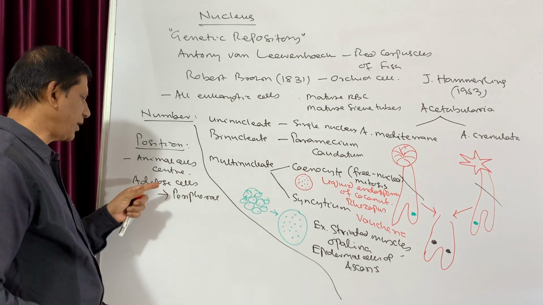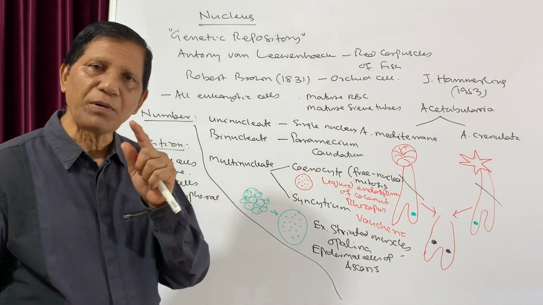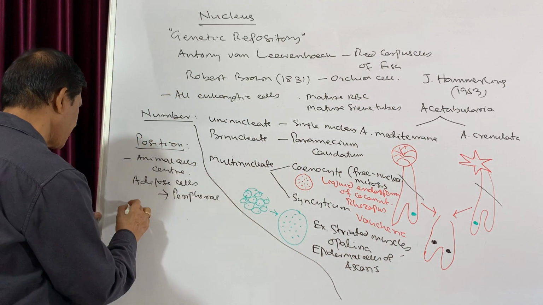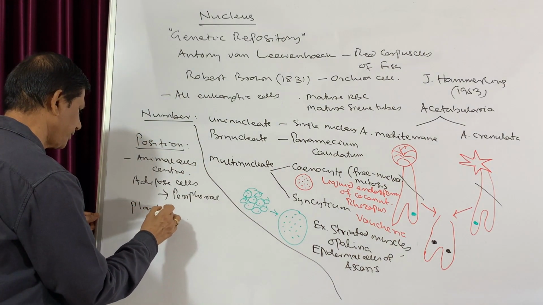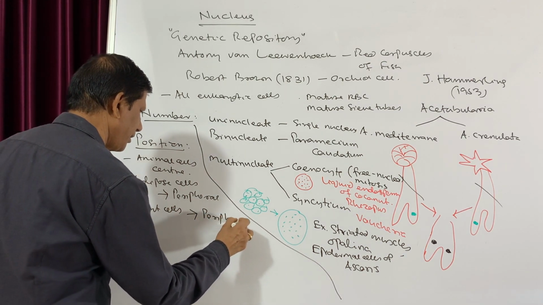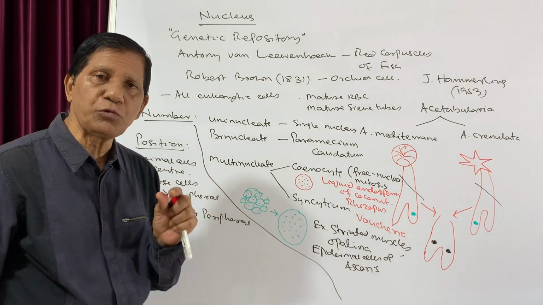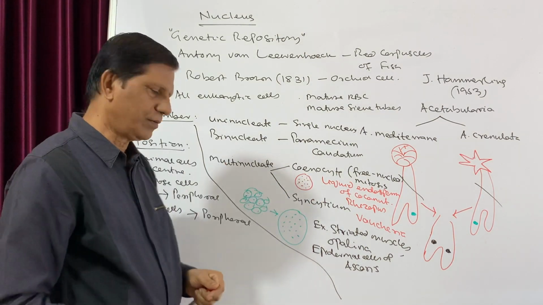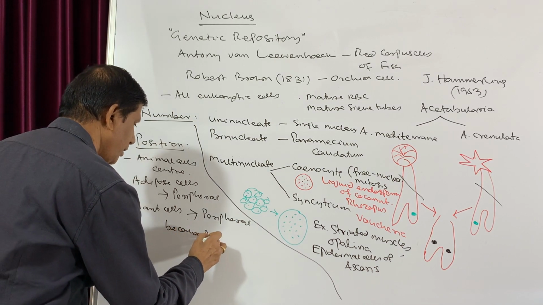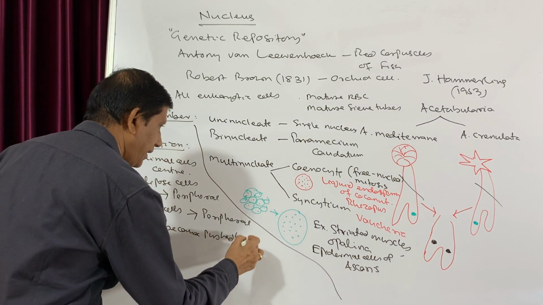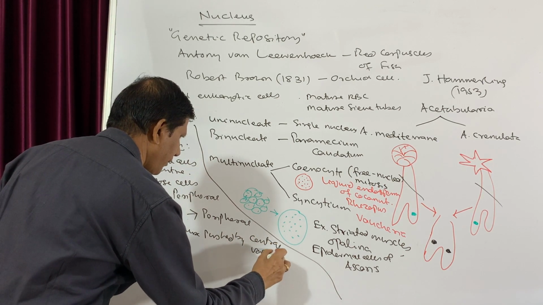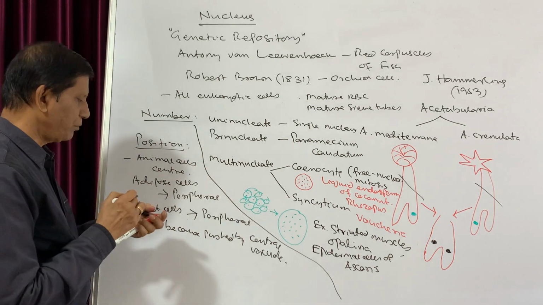This is the difference in adipose cells. But in plant cells, it is always peripheral, because it is pushed by the central vacuole. So this is the position.